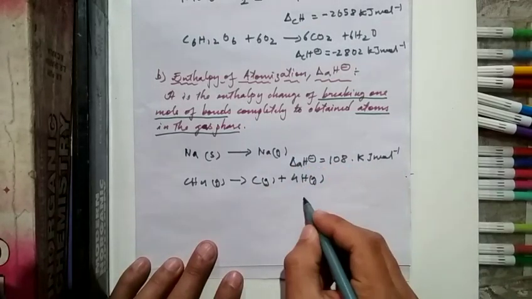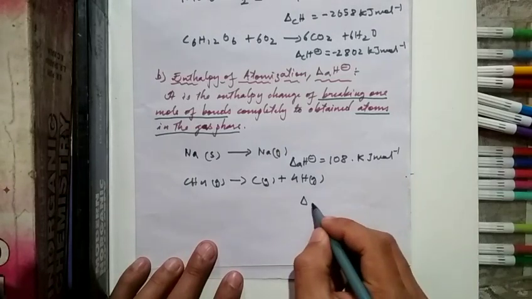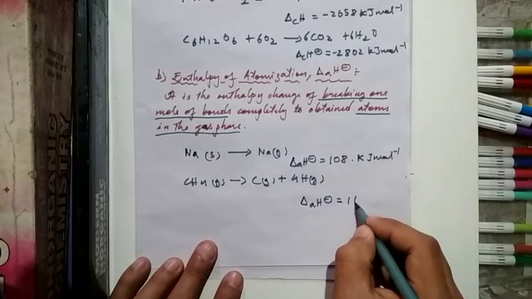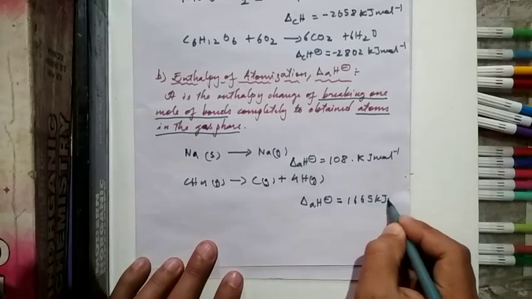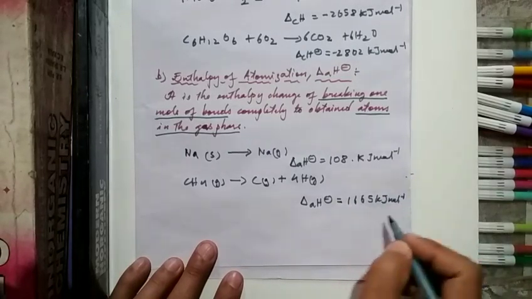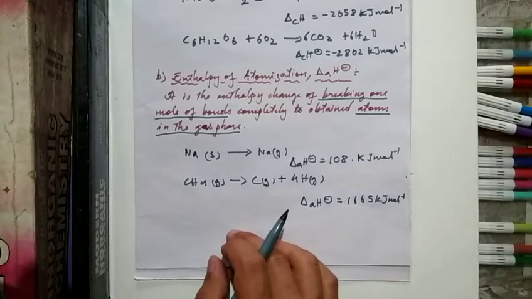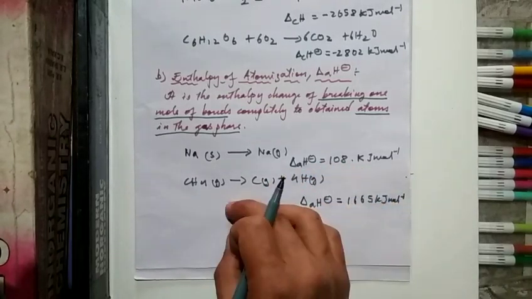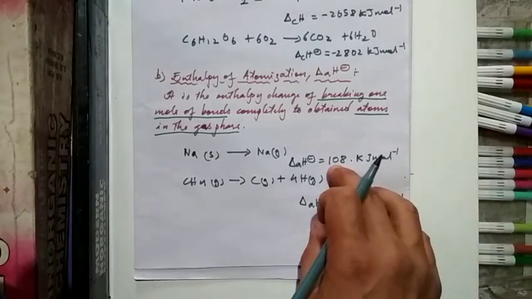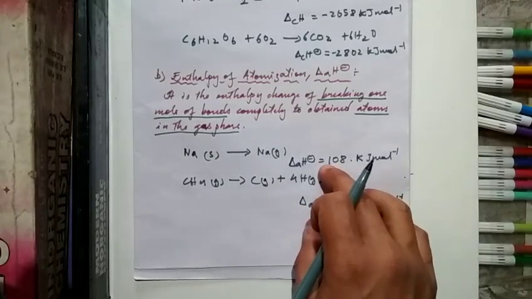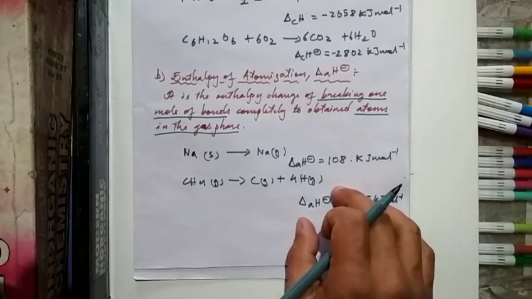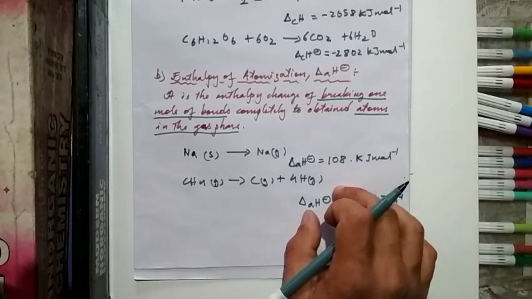So the energy involved is the enthalpy of atomization. In this case heat is absorbed. That's why we are writing 108 plus, that means there is no negative sign. That means it is an endothermic process.